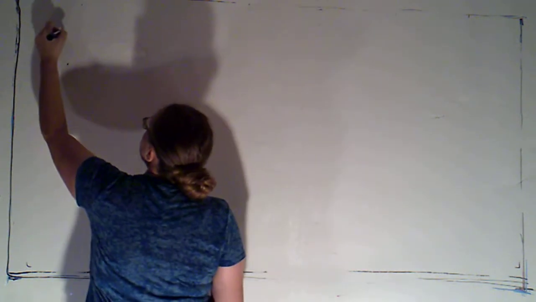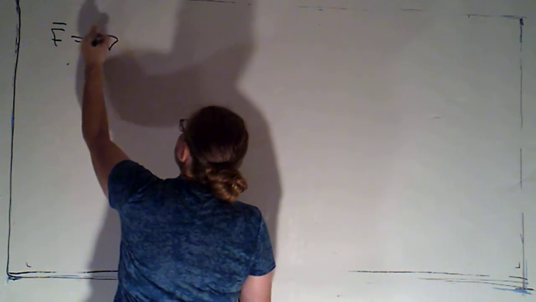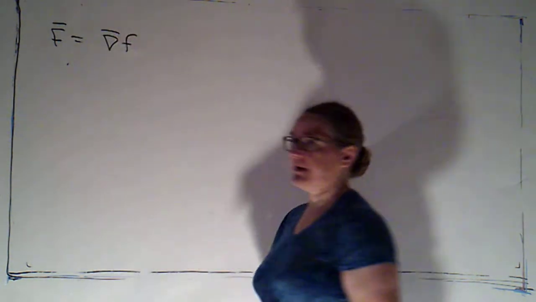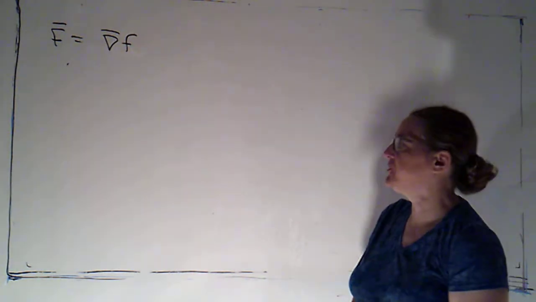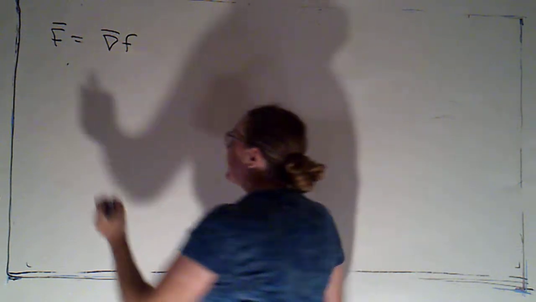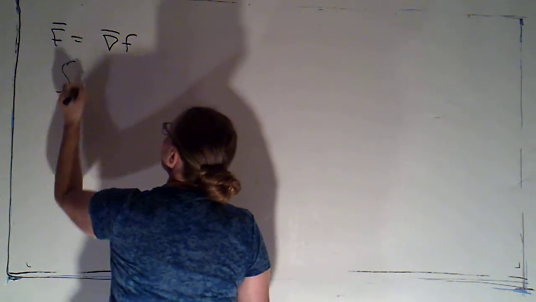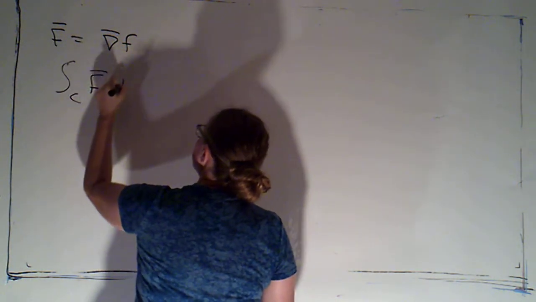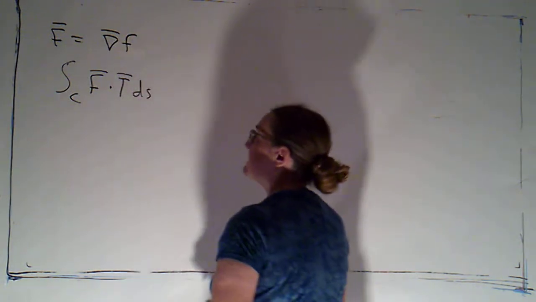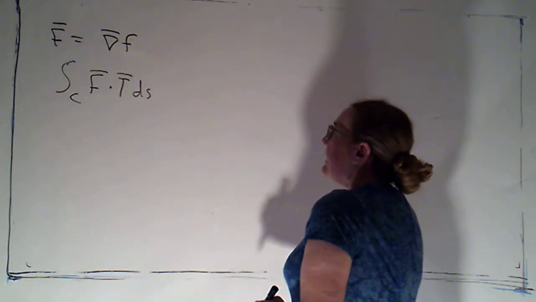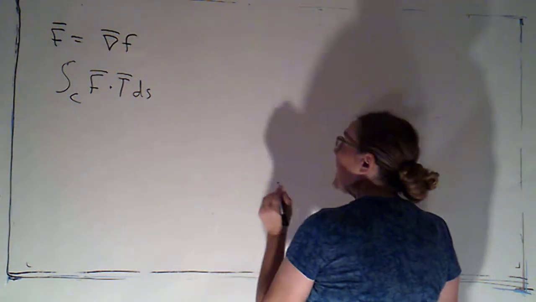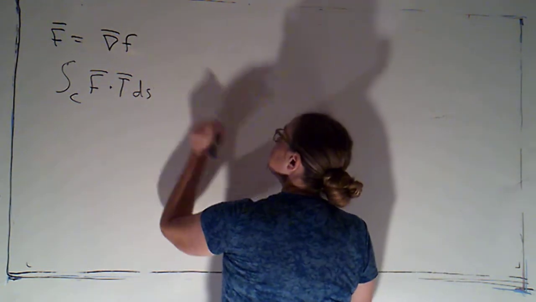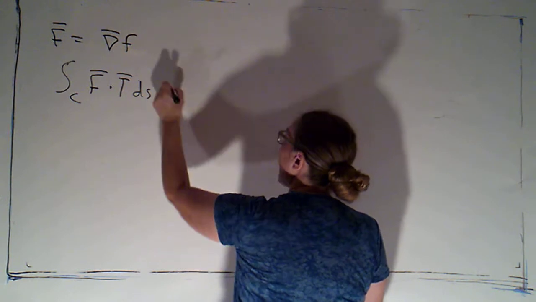So if f is conservative, so if f is the gradient of some potential function, then I can say the integral along C of f dotted with t ds, I can evaluate it the way I normally would, but in this case, this is going to be independent of path.